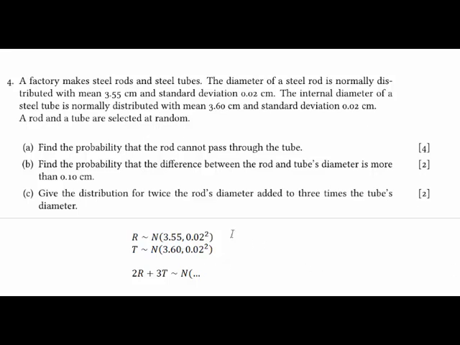And then again, you just have to think to yourself, well, hold it, what is the variance of 2r plus 3t? And using expectation algebra again, we know that that is 2 squared times the variance of r plus 3 squared times the variance of t.